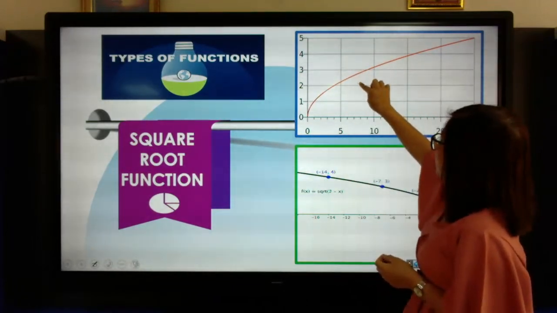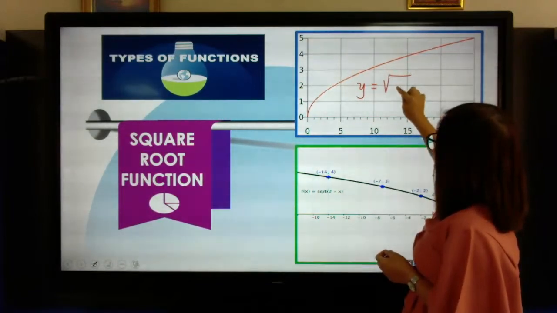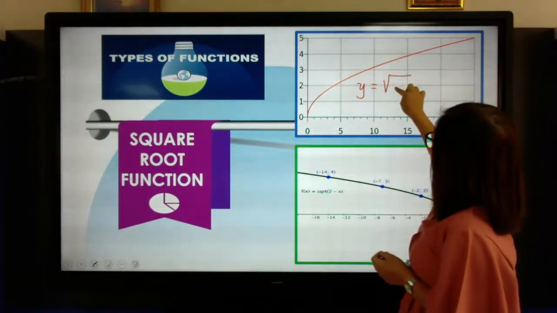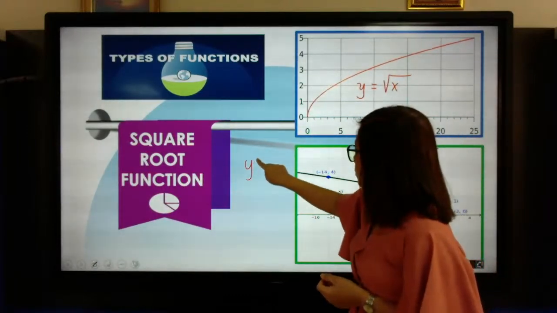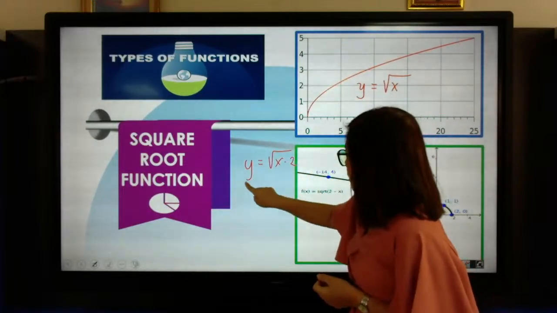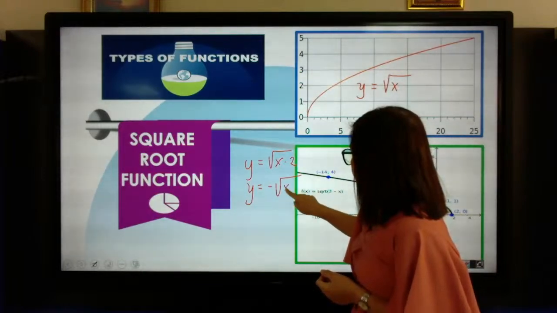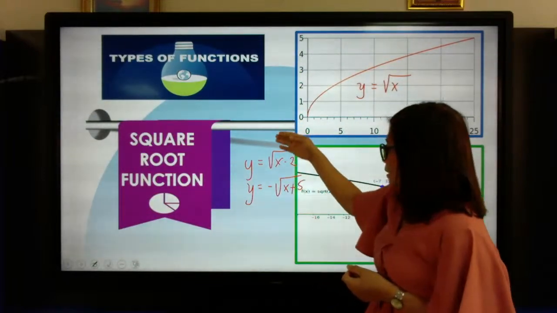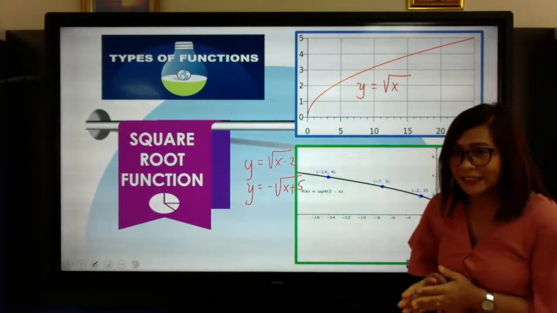For example, y is equal to square root of x. Another example, y is equal to square root of x minus 2. Another, y equals negative square root of x plus 5. These are examples of square root functions.